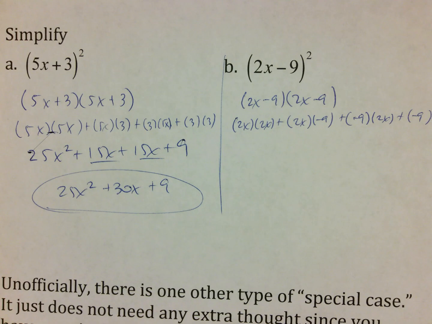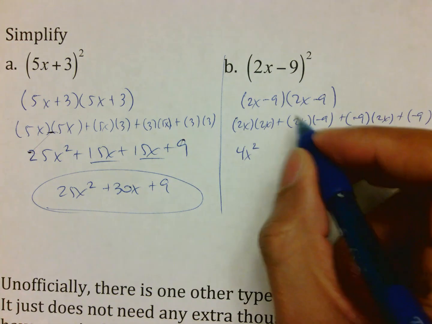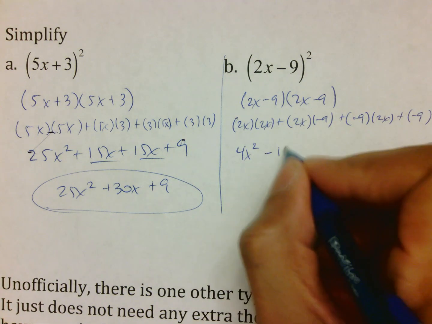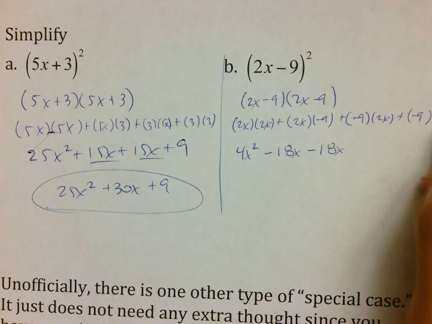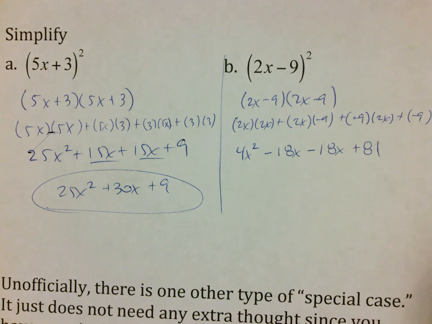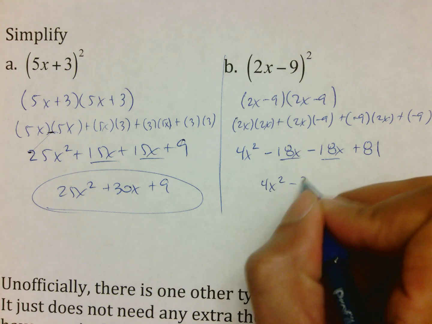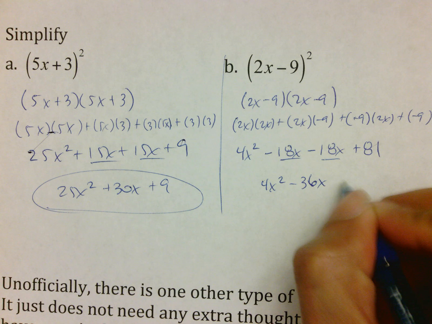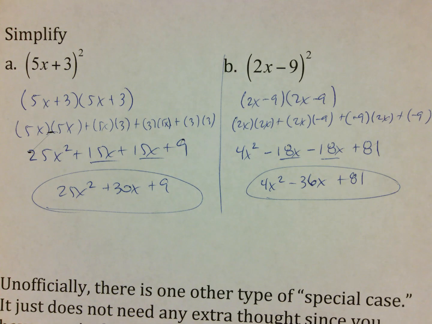After that, again, same thing. 2x times 2x is 4 with an x squared. That makes a negative 18x. That also makes a negative 18x, and this makes a positive 81, which after putting those two things together, you end up with this answer here.